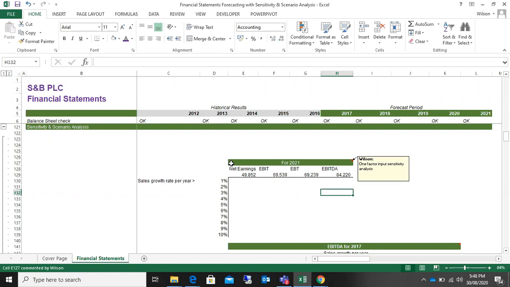It shows the impact of changing any of your inputs in your financial statement on a defined output. In your financial statement, you have what makes up your assumptions, right? Those assumptions that you use to do your forecast are the input. The impact of those assumptions on your financial statement are the output.